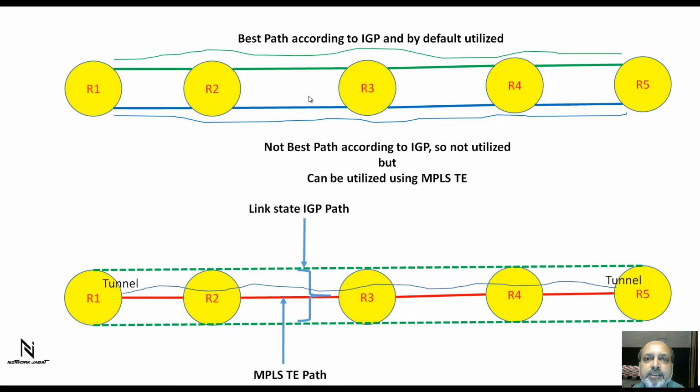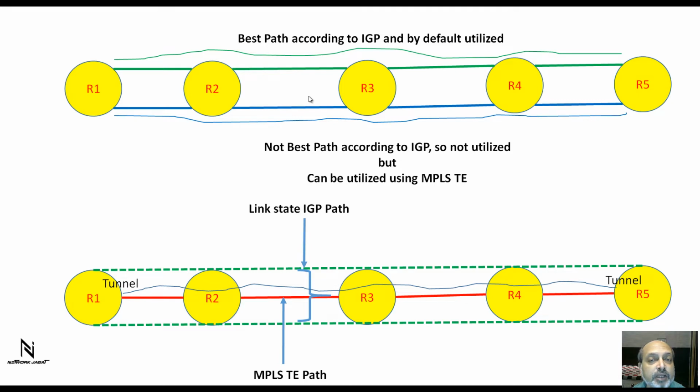Now, if we are going by static route, then we can use both these best and not so best paths. But when we are going by the IGP or routing protocol, the routing protocol always selects the best path, and whenever any traffic needs to be delivered, it will be put into that best path.